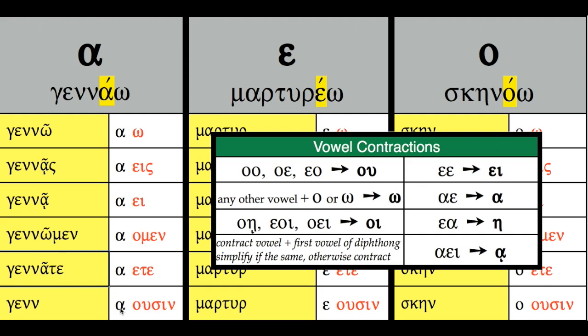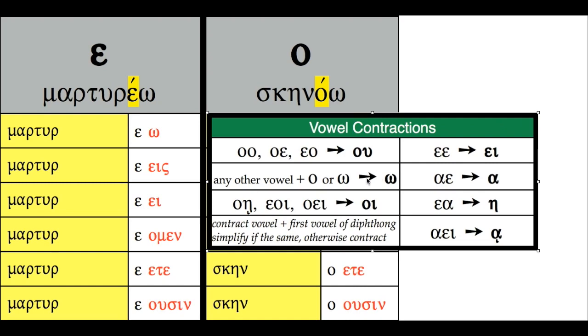And what about ausin? Well, this is one of those that involves the rule right here down in the lower corner. We have a contract vowel and a diphthong. Okay, so what happens here? The alpha omicron are not the same. So if they're the same, you just drop one of them, but they're different, so they contract. Alpha and omicron become an omega. And then the omega also swallows up the upsilon, so we wind up with simple O-sine.